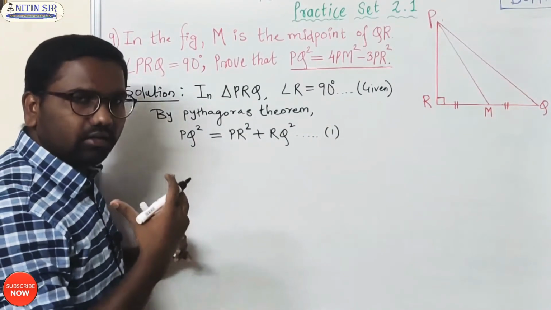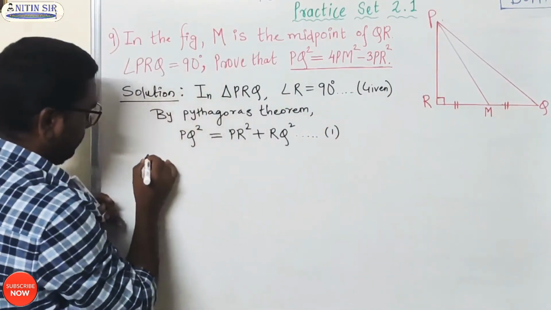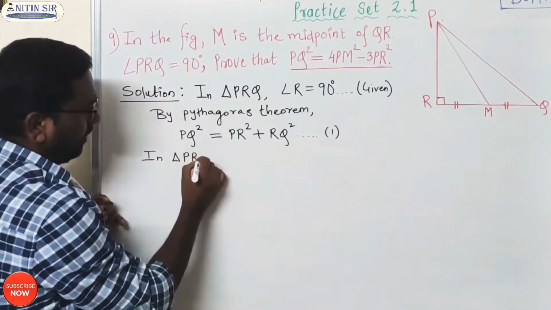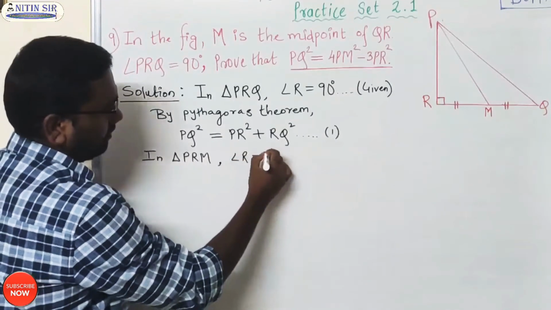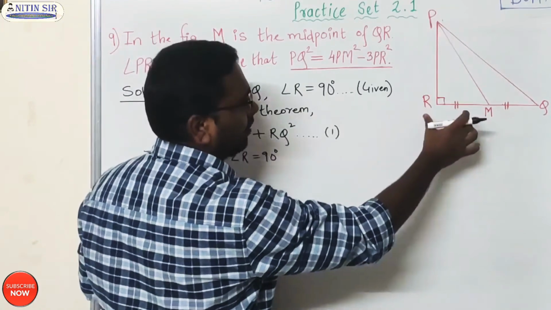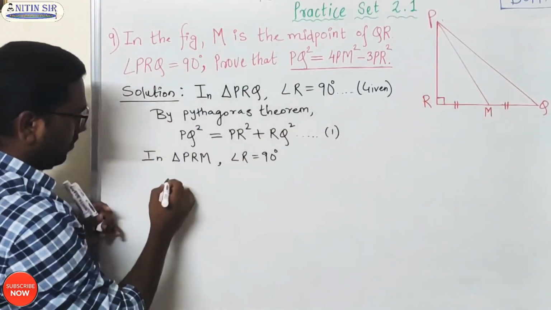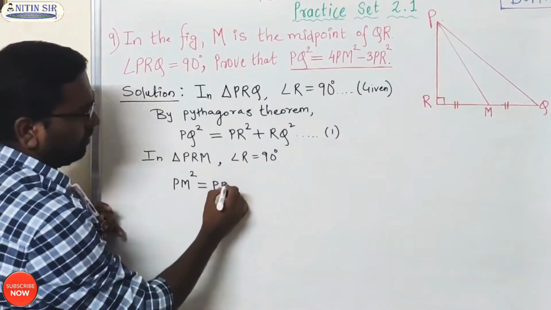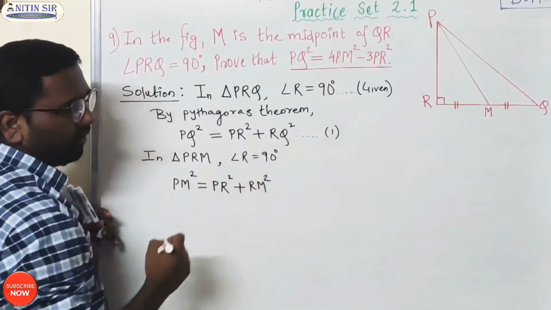Now we will take the second triangle, triangle PRM. In triangle PRM, here also angle R is 90 degrees. Here also we will apply Pythagoras theorem. PM square is equal to PR square plus RM square.